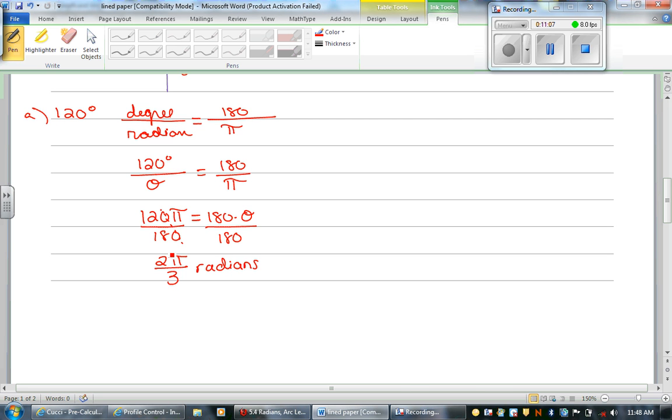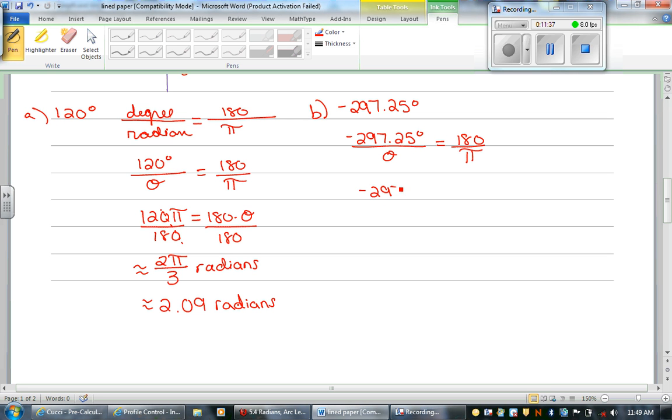If I wanted to figure out what that is as a decimal, I could just put it into my calculator, and that's about 2.09 radians. These are equivalent. Let's look at the next one, negative 297.25 degrees. Same proportion, still going to cross multiply and divide.